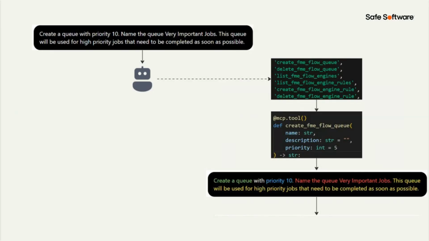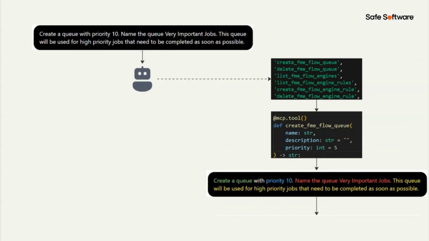Once the AI decides on a tool, it needs to determine the parameters that need to be populated. We can visualize the AI seeing the request this way. A tool request is made. Parameters 1 and 2 are explicitly defined, so this tool takes a priority and a name.